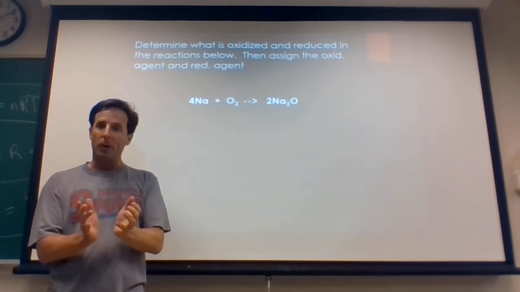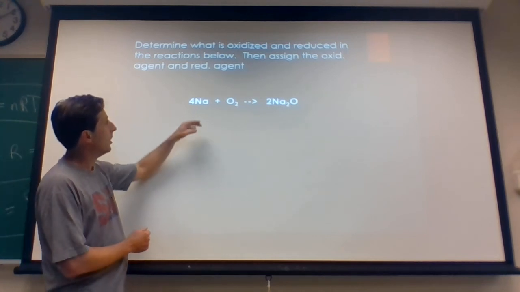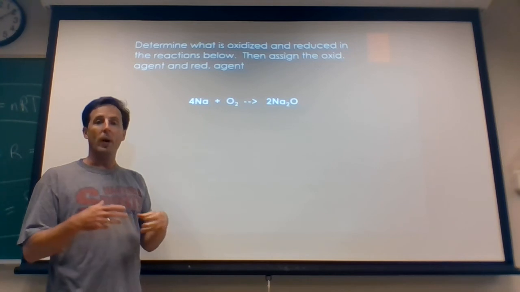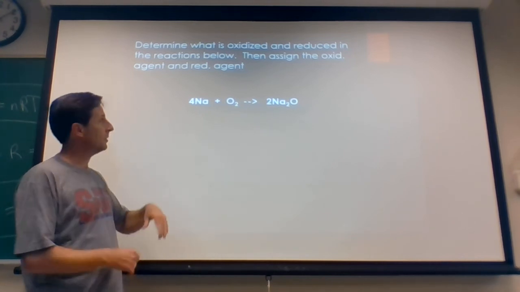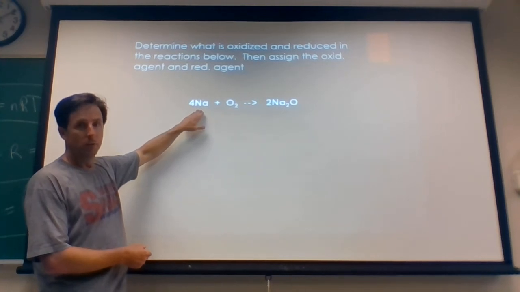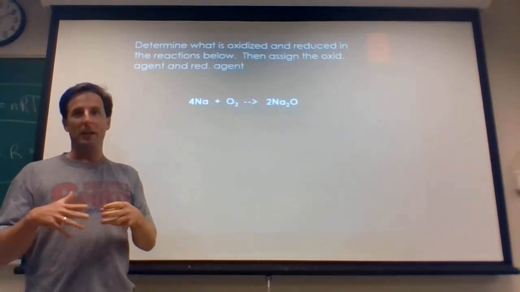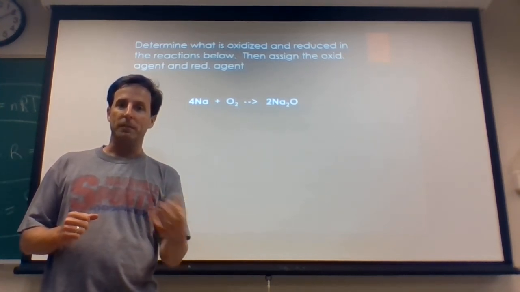On the other hand, the oxygen got reduced. What caused that reduction to occur? What did we add? We added sodium metal. So in this case, sodium is being oxidized, and sodium is also the reducing agent.